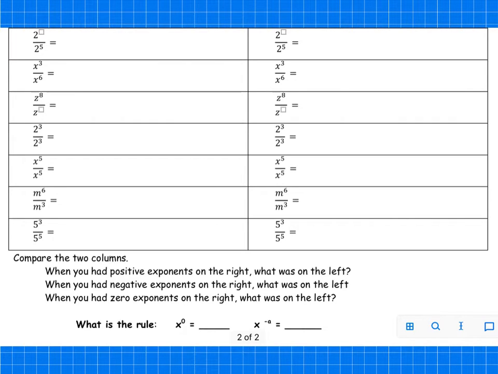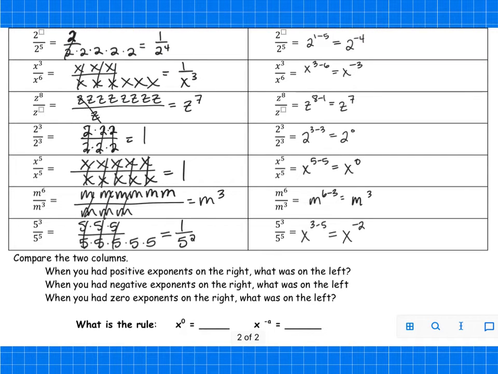So I'm going to pause this and fill in all the expanded and non-expanded answers, and then we'll talk about it. Okay, so with all that filled in, on the left side, I expanded everything out and I canceled out what I could. So here I had 2.